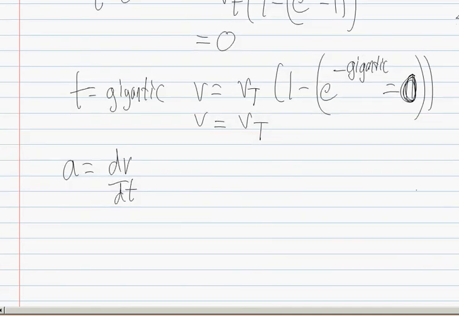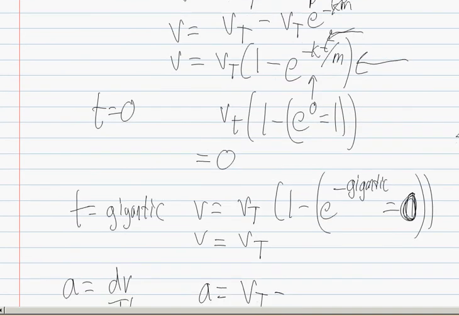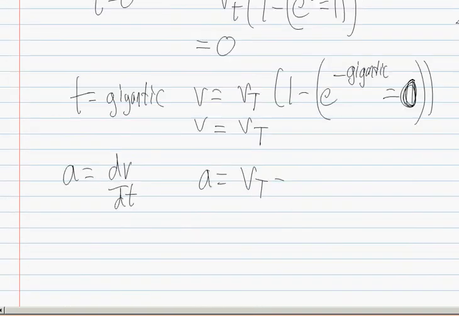And I'm going to have a equals vt minus vt e to the negative kt over m. That's dv/dt, so I'm going to take both of these with respect to time. This is just a constant, it goes away.